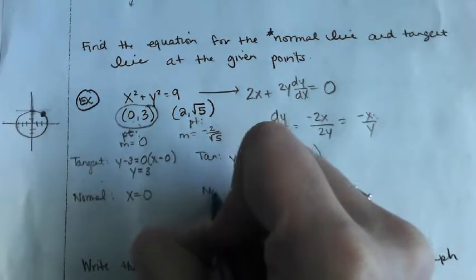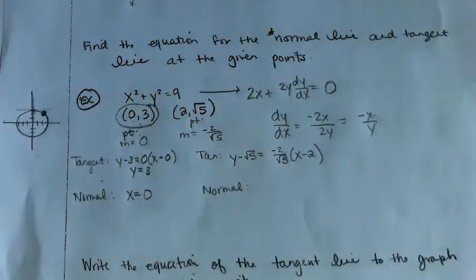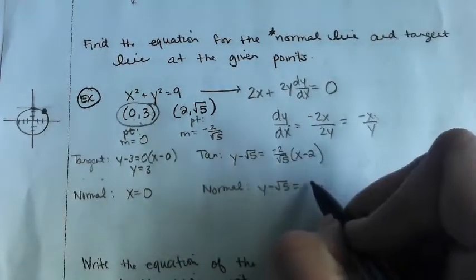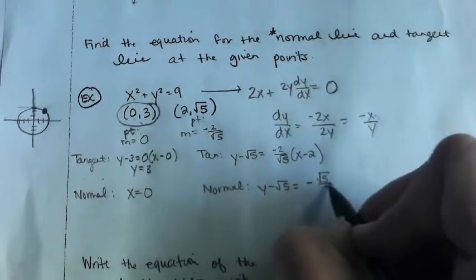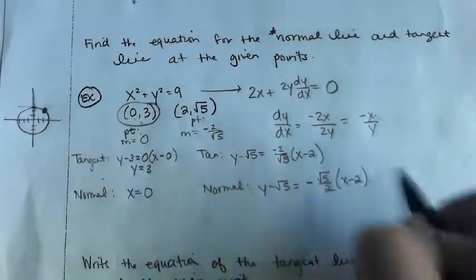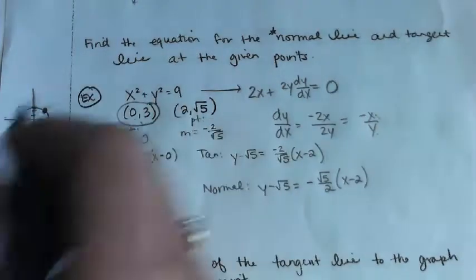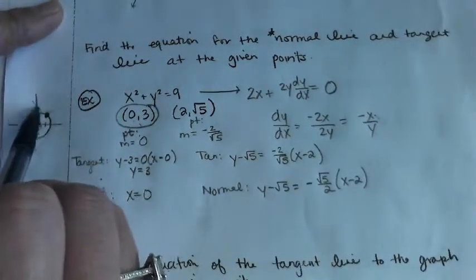Our normal line there will be y minus root 5, same point. We're flipping the slope, so root 5 over 2, times (x minus 2). So the tangent visually would do this.